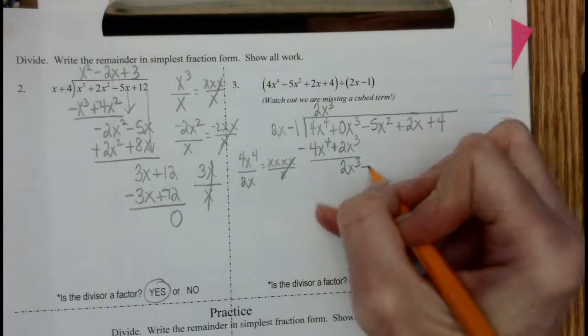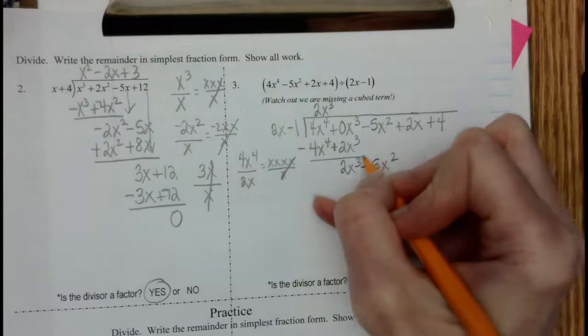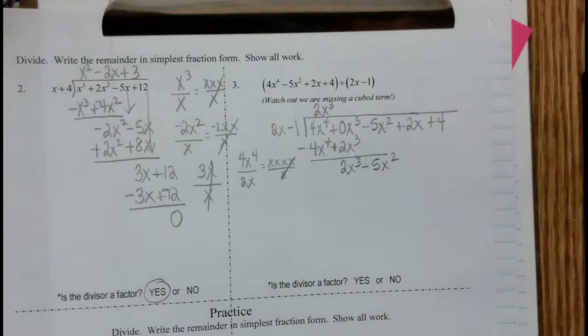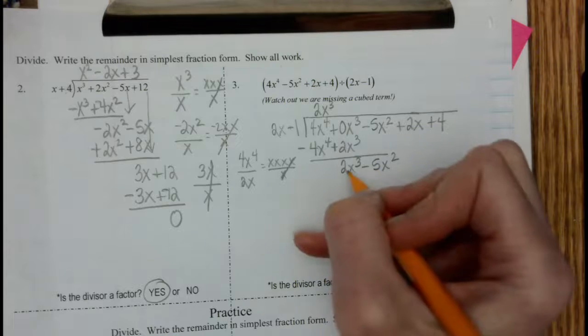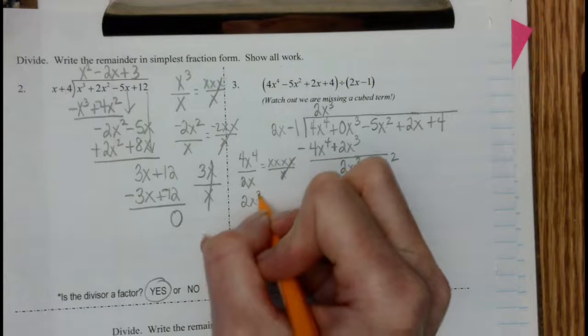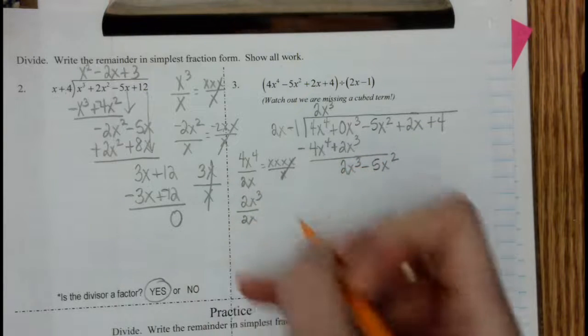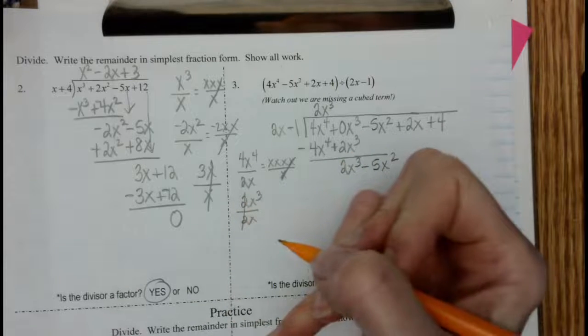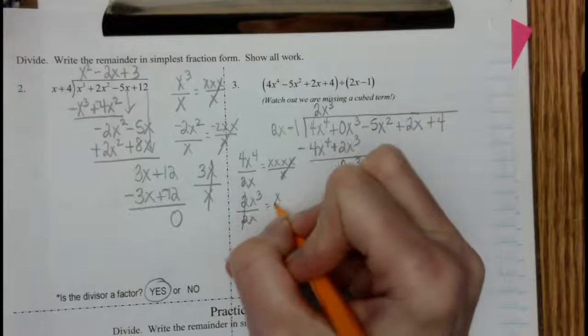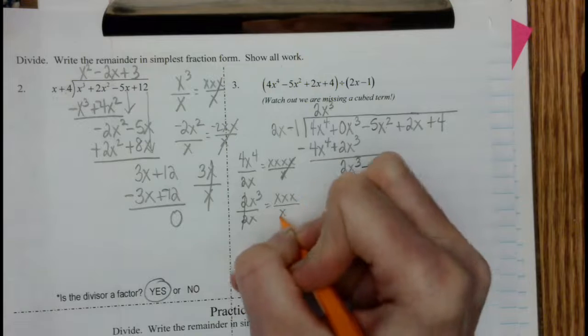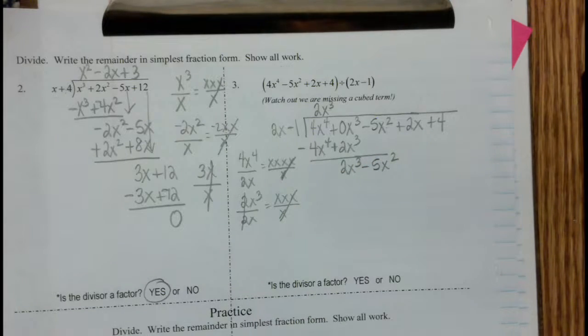And then we're going to bring down the 5x squared. So we're going to go through that process again. 2x cubed divided by 2x. Well, the 2's cancel out. And then it's x cubed divided by x. One of the x's cancels out.